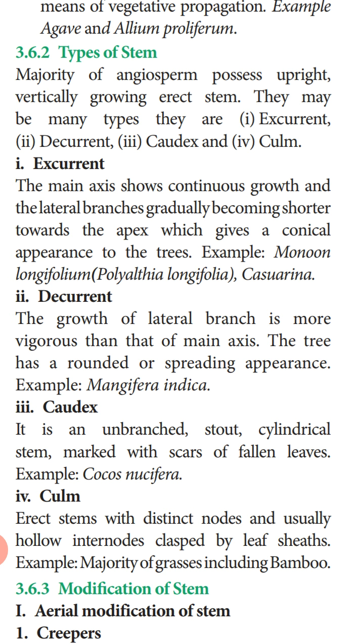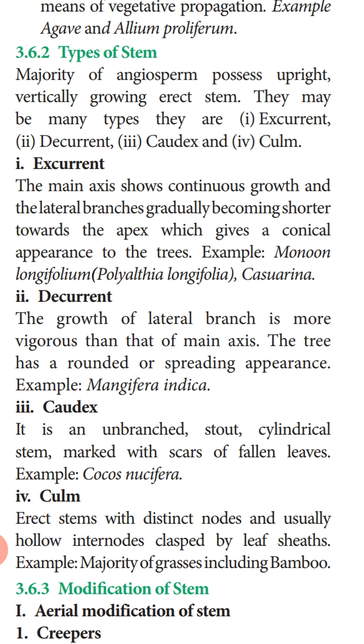So what is excurrent? The main axis, the central axis, the main stem of the plant, keeps on elongating. The branches arise from the side. The lowest branches will be of the longest length.